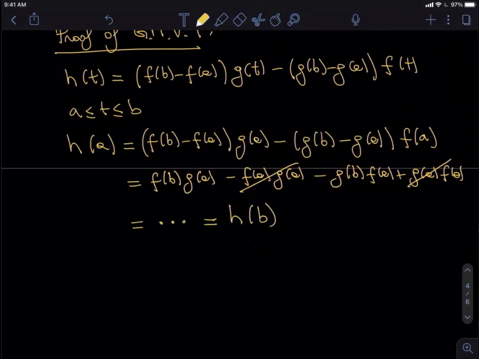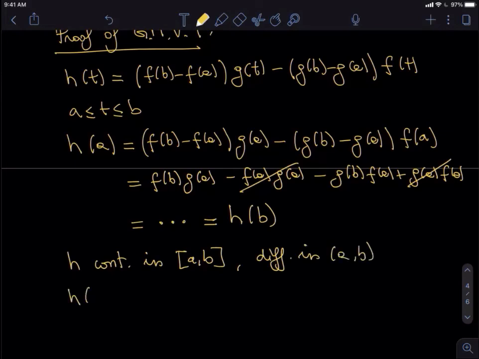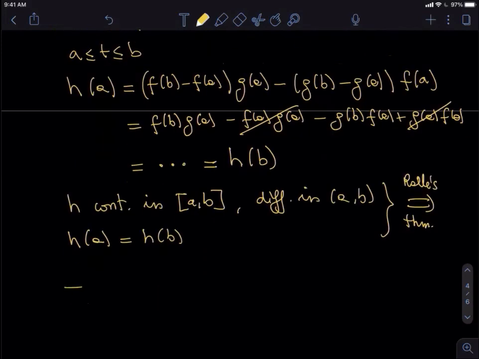Okay, so we are in the conditions of Rolle's theorem because h is continuous in [a,b] because f and g are. It's differentiable in (a,b), and h of a equals h of b. So then Rolle's theorem implies that there exists c in (a,b) such that h prime of c equals 0.